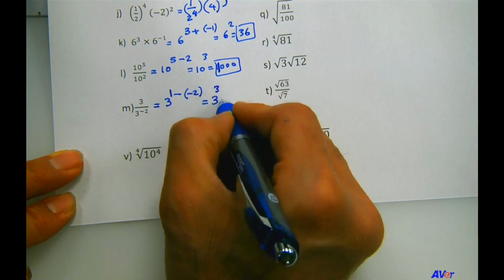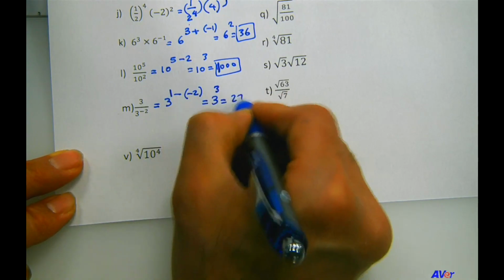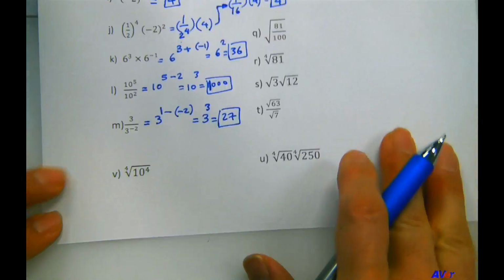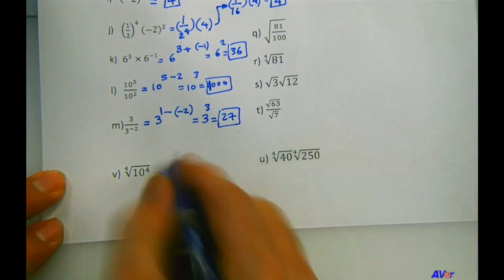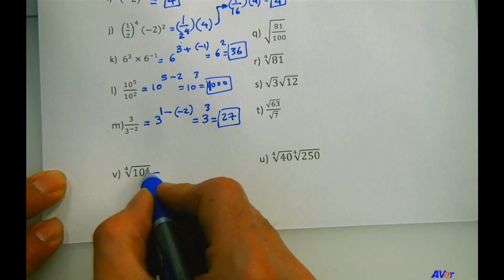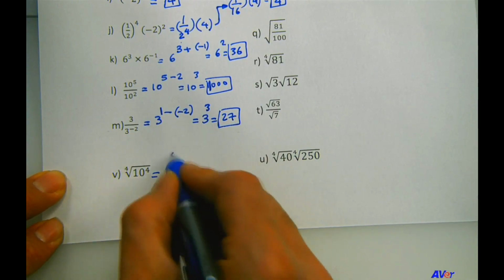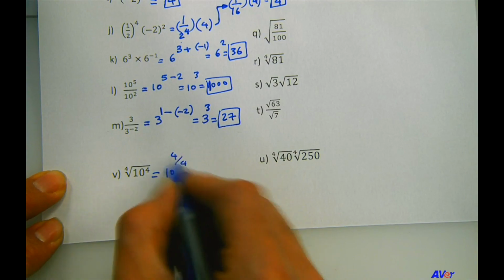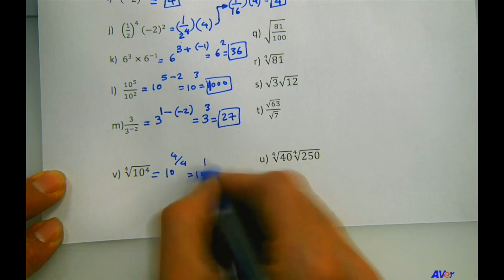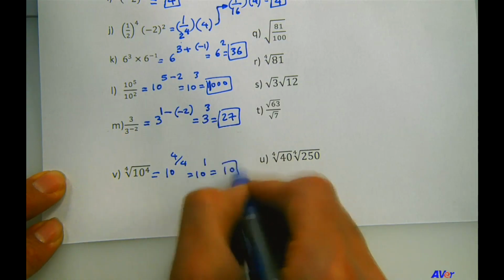So 3 cubed or 27. I hope this is making sense. So here, how easy is this, right? 4 divided by 4. Write the radical in terms of rational exponents, and 10 to the 1st power, which is 10.